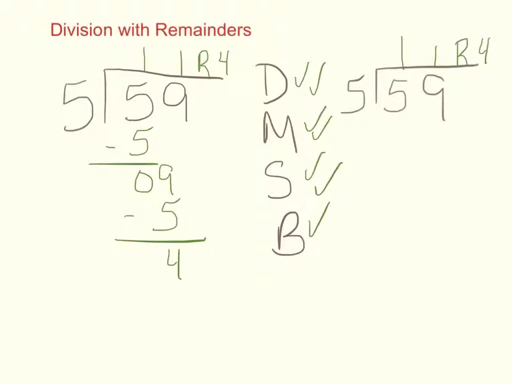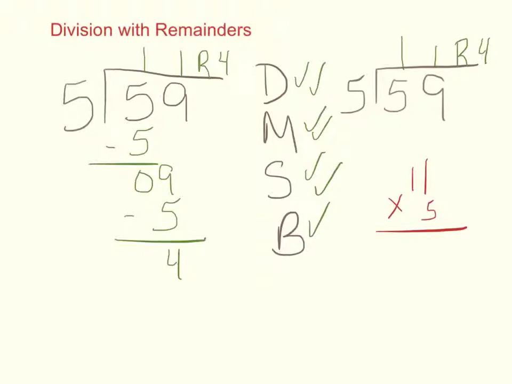Now to check our division with remainders, we multiply our divisor by the quotient and then add the remainder in. If we do it right, we should get the dividend. So we do 11 times 5.